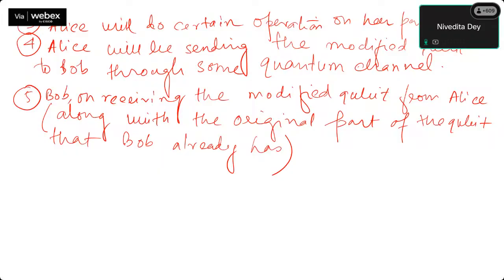First is what originally Bob had, which is a part of the entangled Bell pair. Second is the modified qubit Bob has received from Alice.